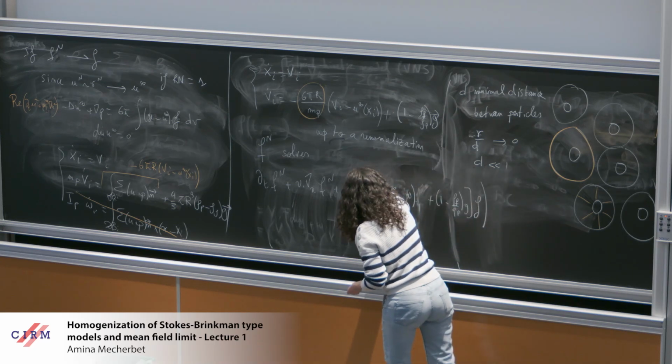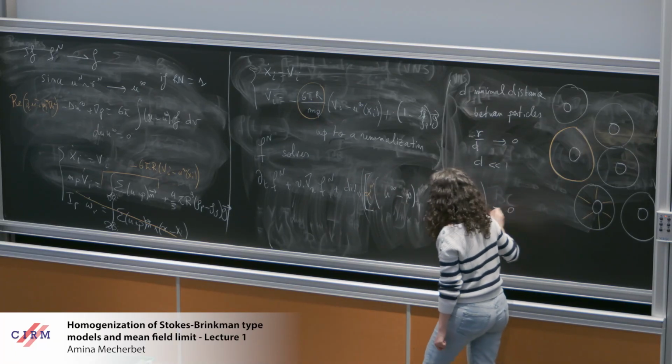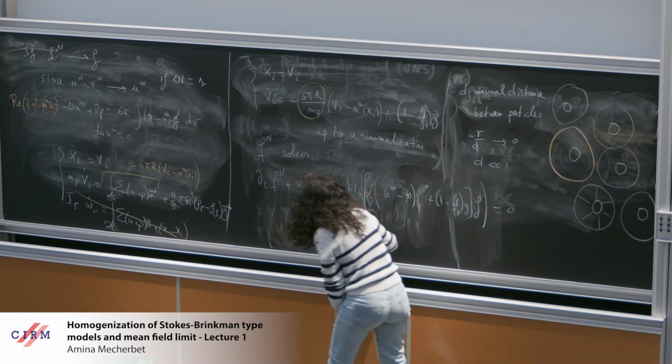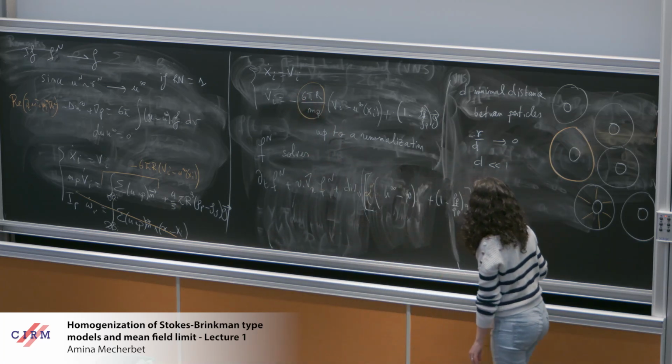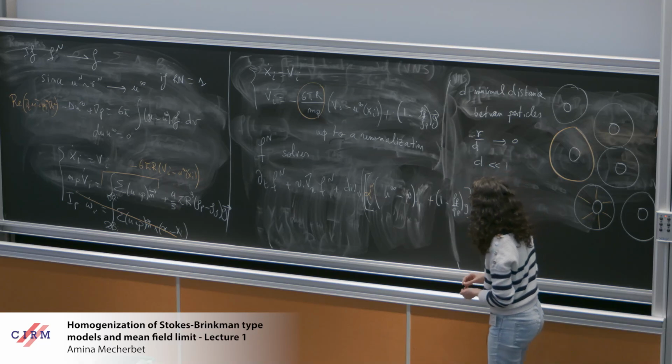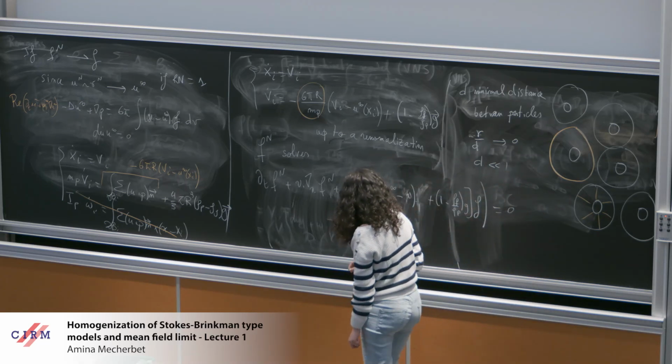So this is easy to prove. I mean, if you look at the weak formulation satisfied by the probability measure Fn, you just can plug it inside these systems of ODEs.